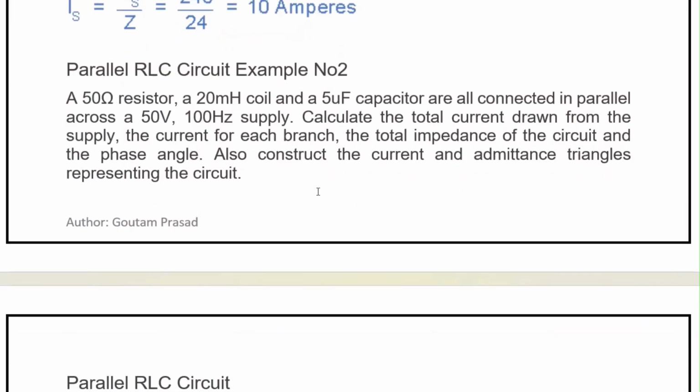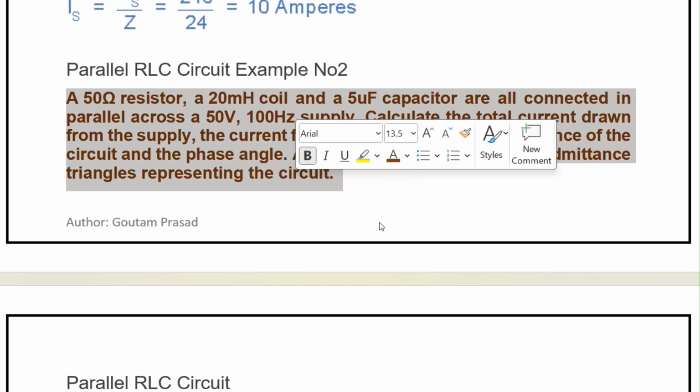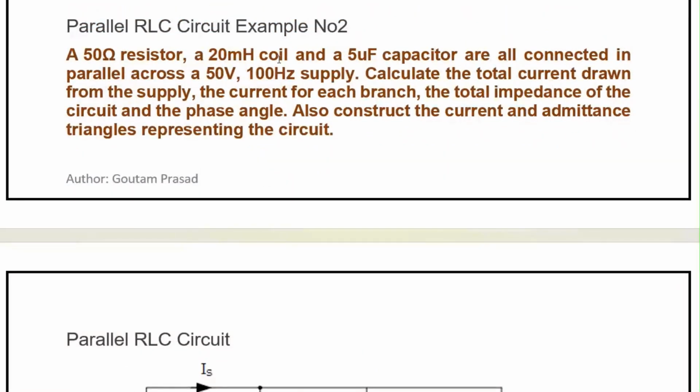Now we have yet another example for better understanding of the parallel circuit. A 50 ohm resistor, a 20 millihenry coil, and a 5 microfarad capacitor are all connected in parallel across a 50 volt, 100 hertz supply.